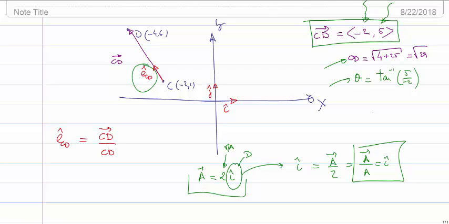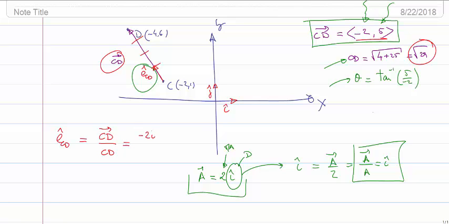That's simple. Because we also know that vector CD is n times that unit vector, in this particular case, this much. So, position vector CD is trivial. We've done it here.